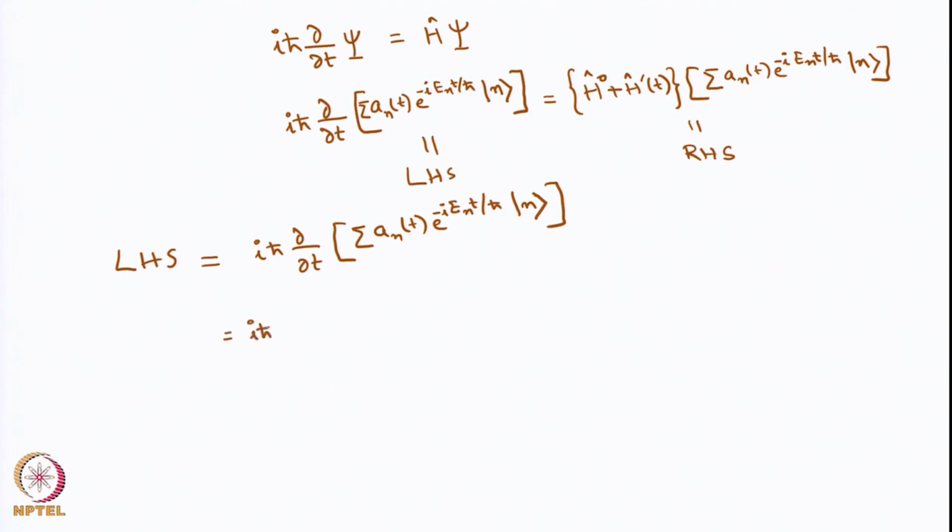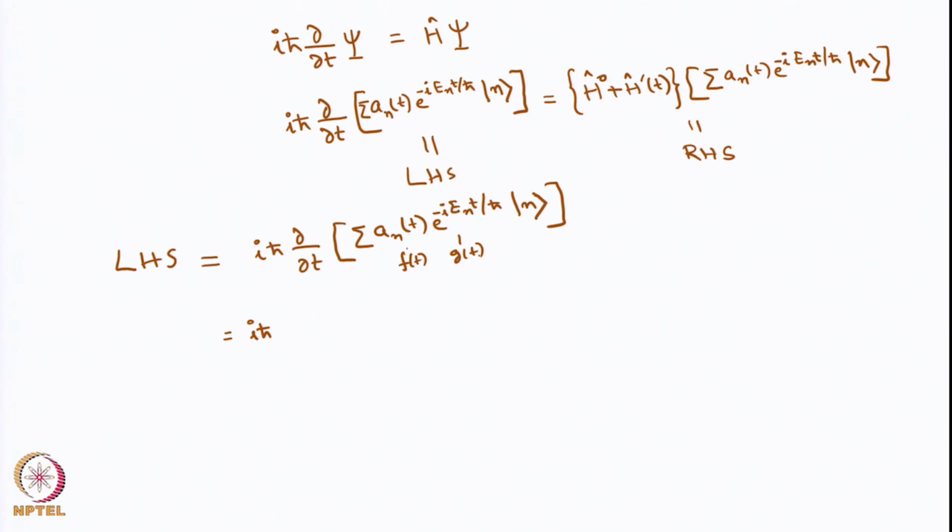Okay. Now each term will have two things, that is a_n of t and e to the power of minus i E_n t by h bar. So this is function f of t and this is function g of t, and of course the wave function psi_n is itself time independent, so we will not take a time derivative of it, it is just a constant.